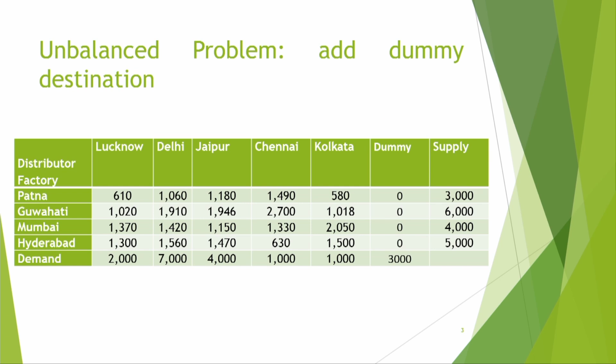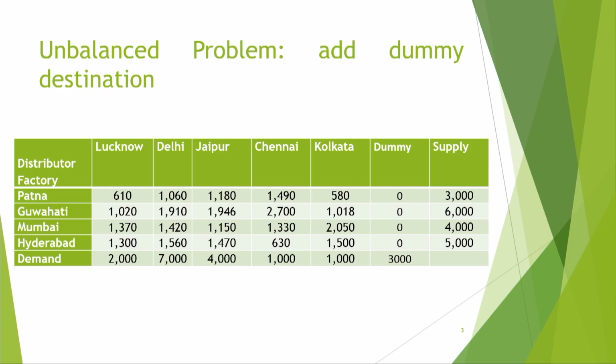Sometimes we may have to make a dummy supplier, but here supply is already very high, so you need not make any dummy supplier. But suppose supply is less, then you have to make a dummy supplier. So here it is a dummy destination. Suppose there is another city called Dummy. That means it is not a real city, just a name.